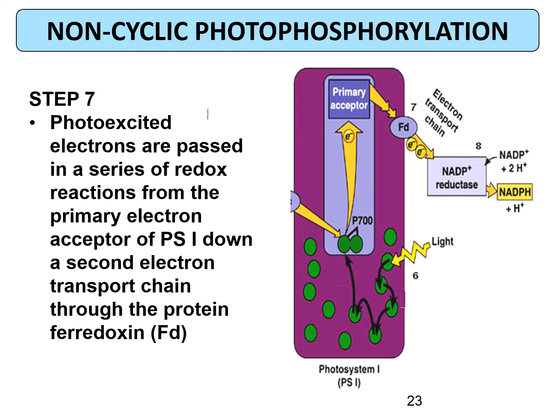That one had PQ plastoquinone, the cytochrome complex, and then plastocyanin. But for this chain, the series involves ferredoxin and an NADP+ reductase.